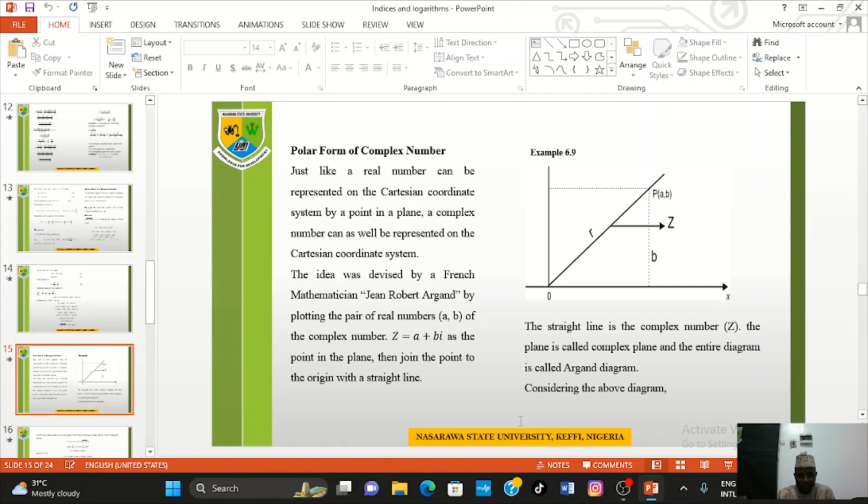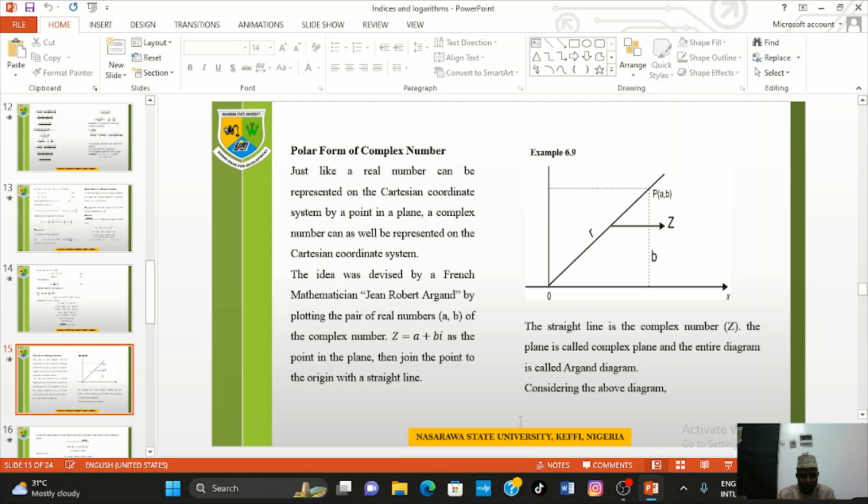So just like a real number can be represented on the Cartesian coordinate system by a point in a plane, a complex number can as well be represented on the Cartesian coordinate system.